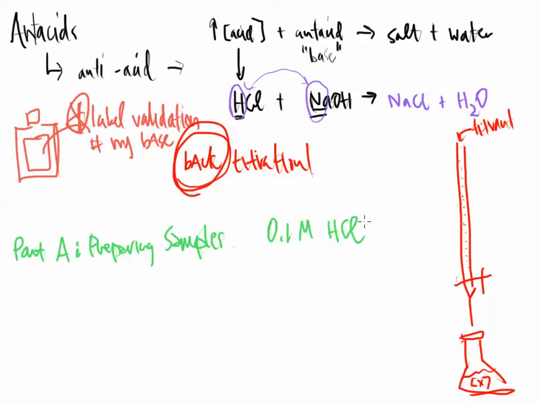Basically what they're telling you is that they want you to make 400 milliliters of a 0.1 molarity hydrochloric acid solution. They want you to dilute this from a stronger HCl concentration.